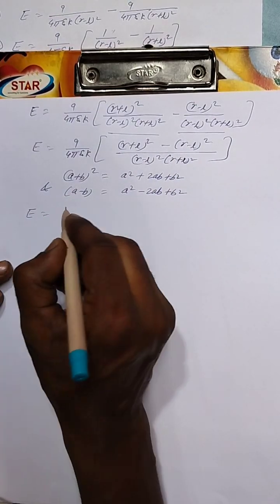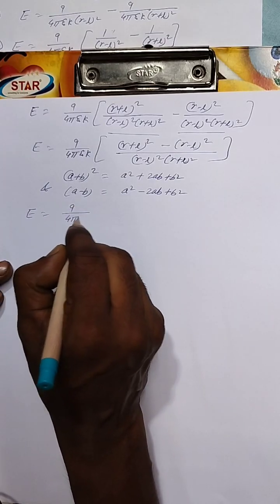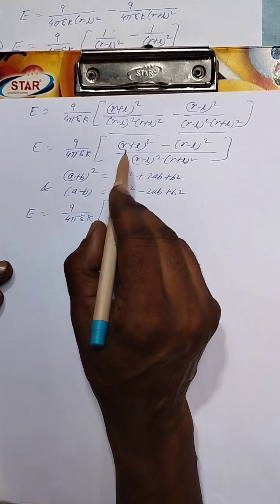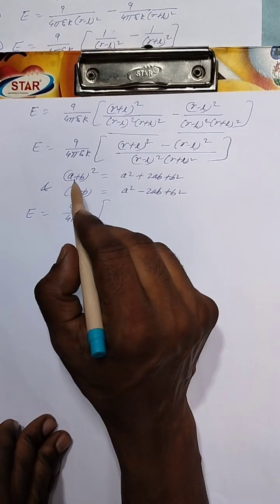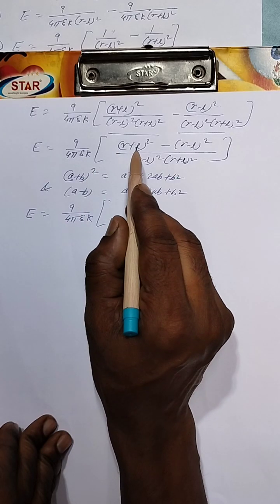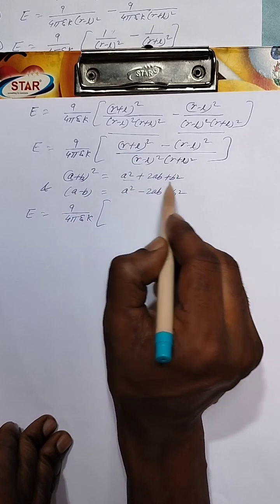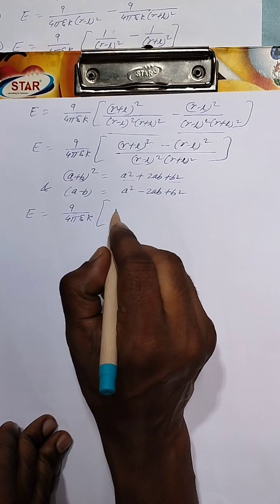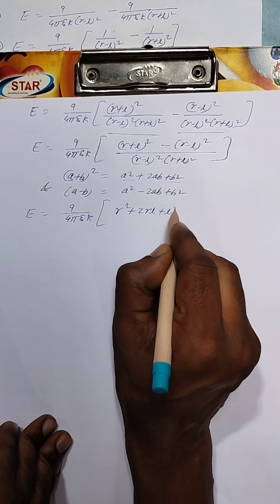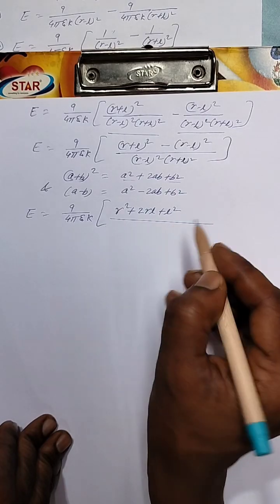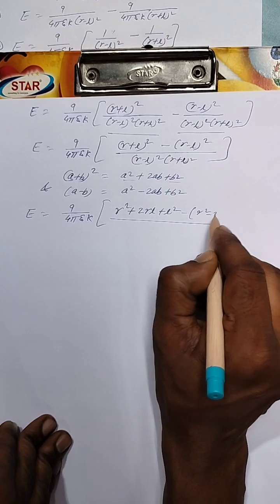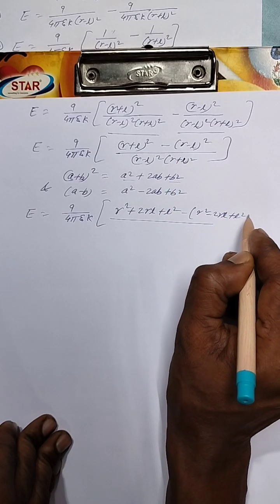We get q upon 4 pi epsilon 0 K. The value of a is equal to r, put the value of b is equal to L, we get r square plus 2rL plus L square minus r square minus 2rL plus L square.